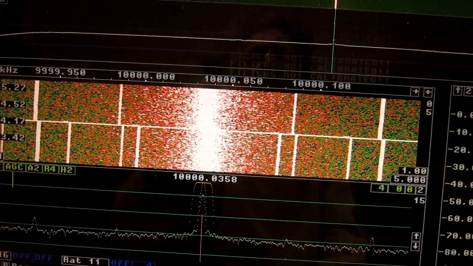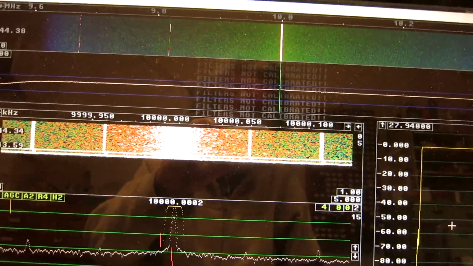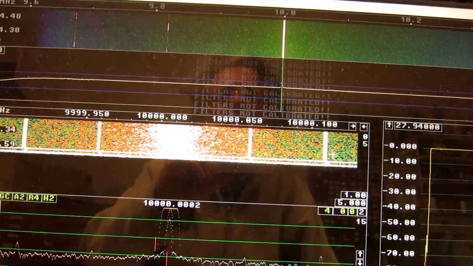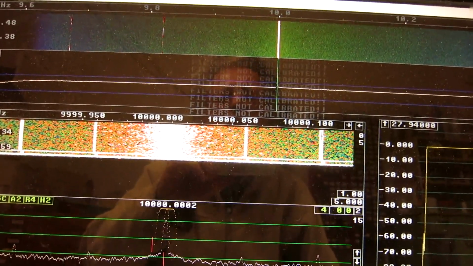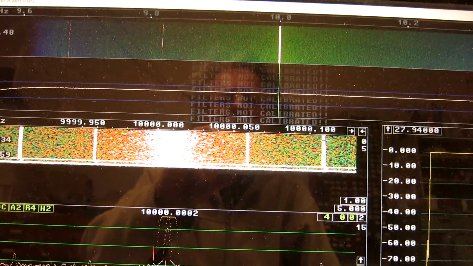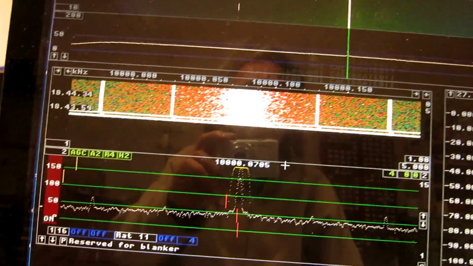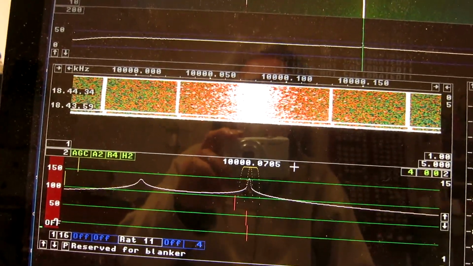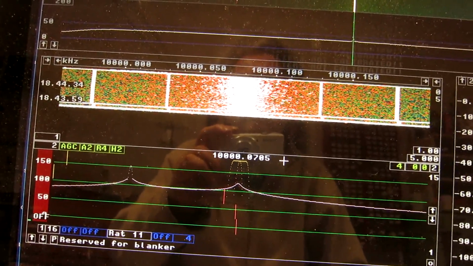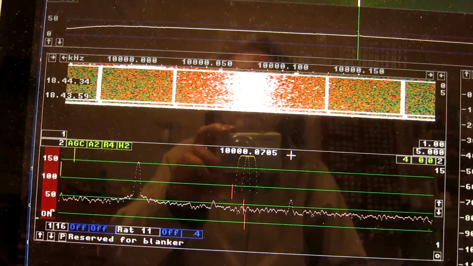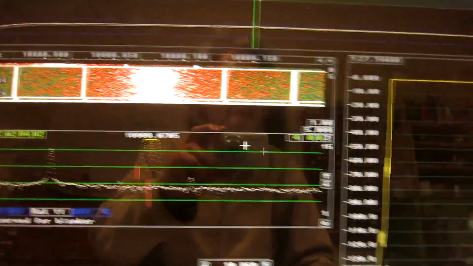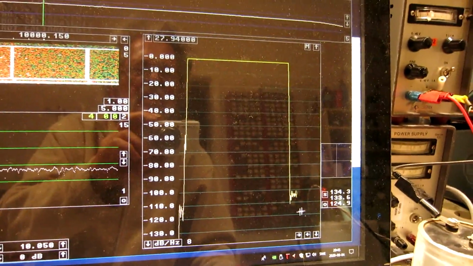There are some spurs, but I click at an offset of 70 Hz. There is a spur 100 Hz away, so I want to avoid that. But here is 70 Hz offset, and I can read the noise floor.